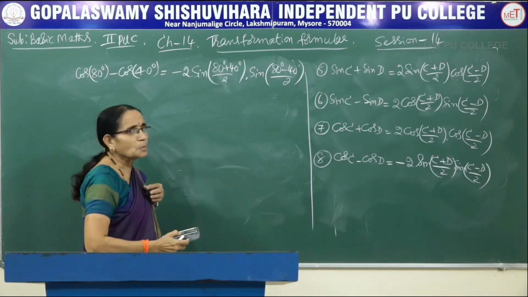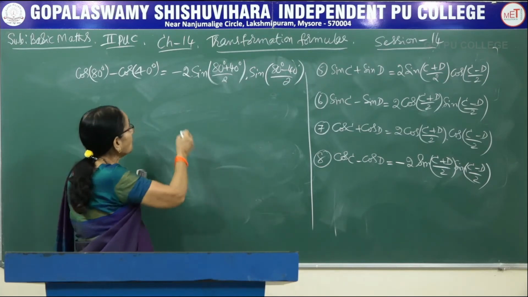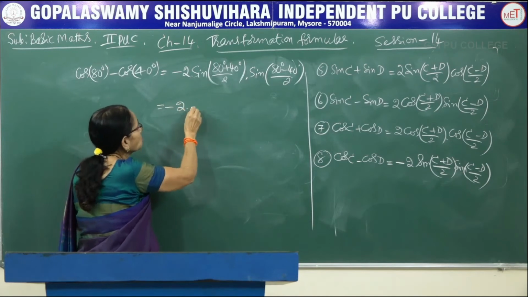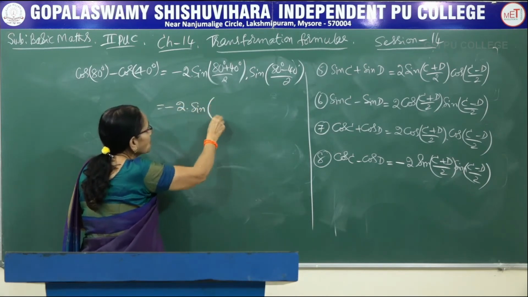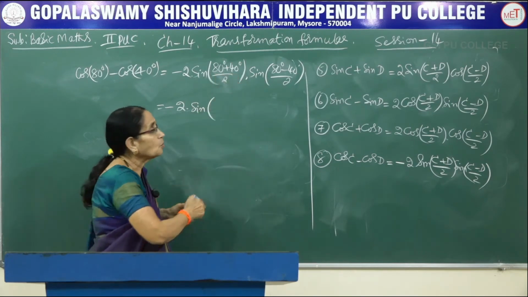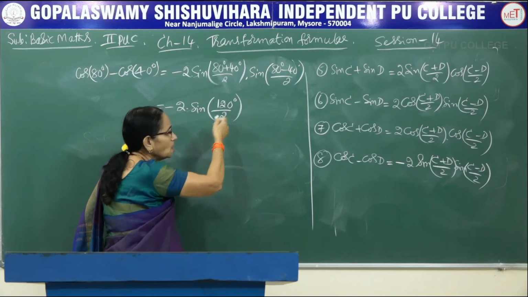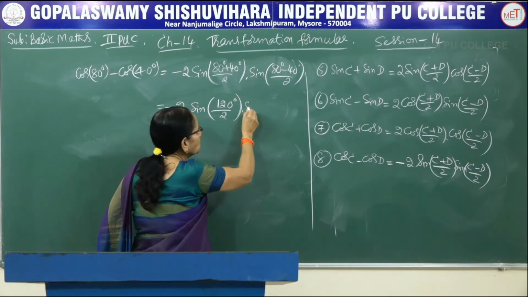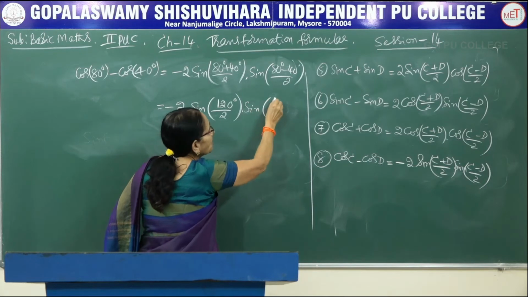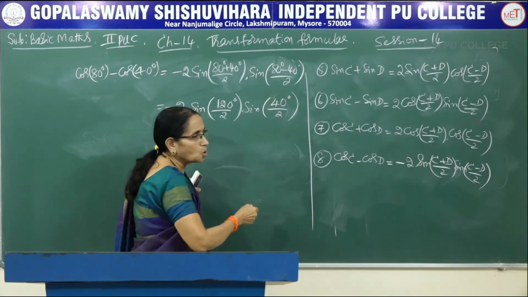Now you can do some simplification. If you get a standard value, you can write the value also. So minus 2 sin, come to this one, 80 plus 40, how much is that one? 120. If you could directly cancel, well and good, or write one more step: sin of (80 minus 40) is 40 divided by 2.